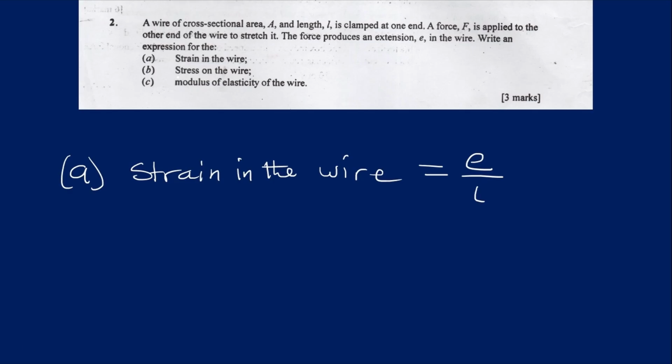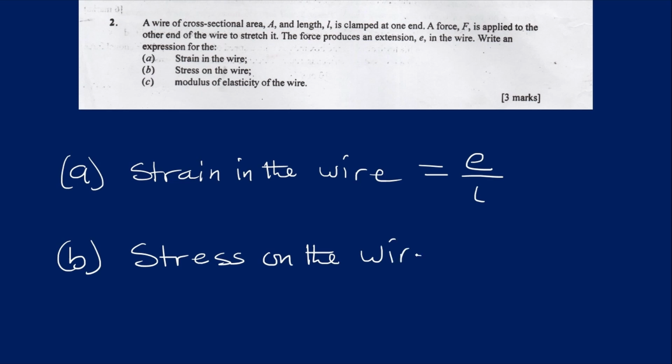We also have to find the stress on the wire, and the stress on any wire is the force per unit area of the wire. And C, we are finding the modulus of elasticity of the wire.